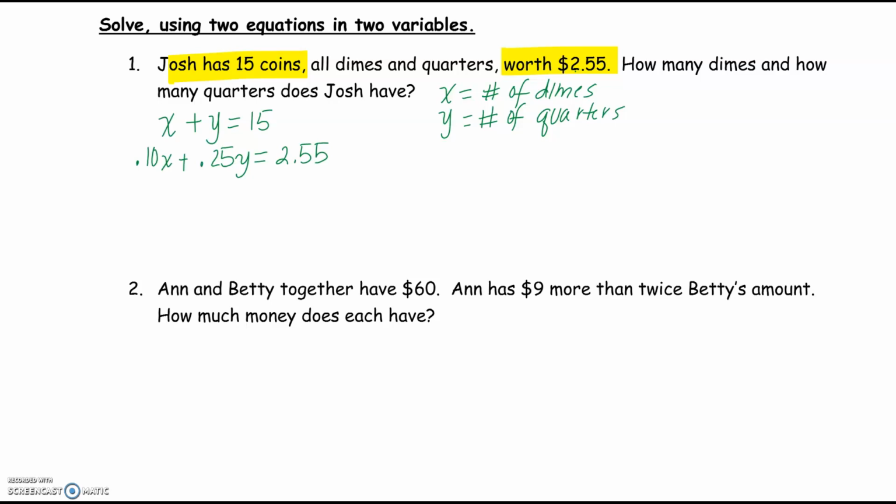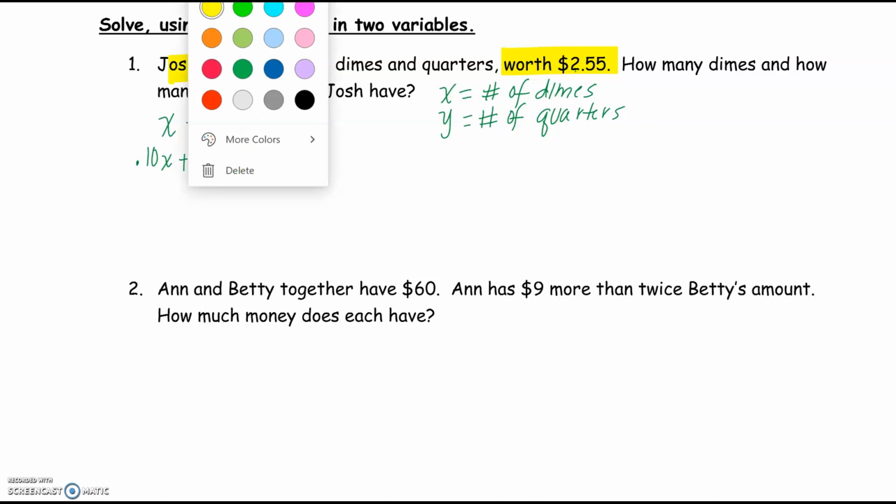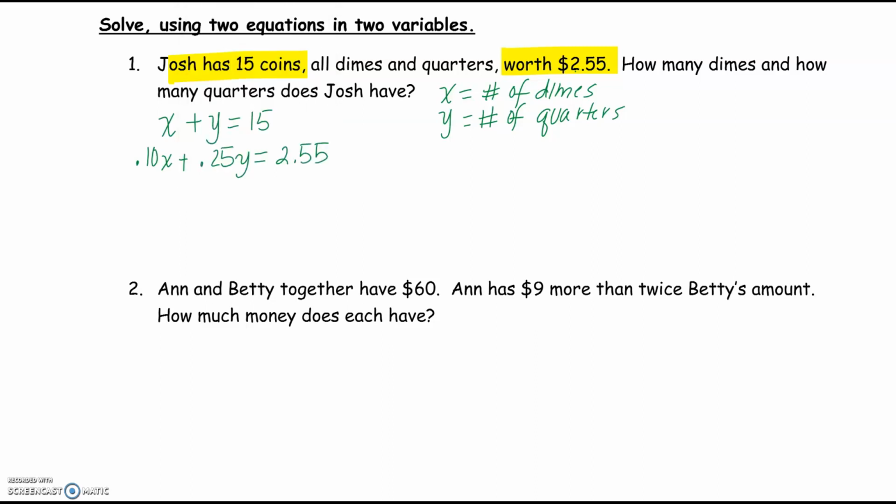To solve, we're going to use substitution. I am going to take my top equation, x plus y equals 15, and I am going to solve it in terms of, it doesn't matter which one, I'm going to solve it in terms of y. You could solve it in terms of x. So I'm just going to rewrite it over here. So I have x plus y equals 15.